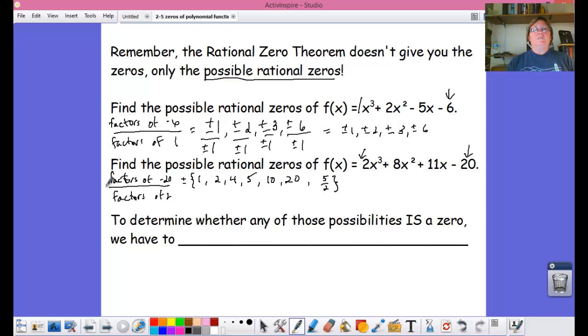Okay, here's my list. The factors of 2 are only 1 and 2. So what I did was, first of all, list all of the factors of -20 over 1. I put a plus and minus in front of this whole bracket because all of these have to be plus or minus. 1 is a factor of 20, 2 is a factor, etc. Then I went back through and said, okay, all of them could also be divided by 2.